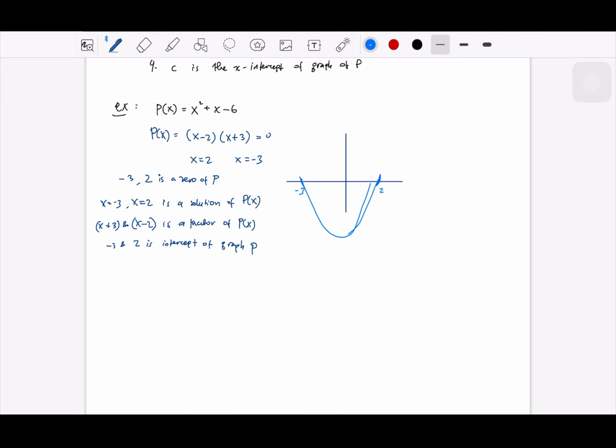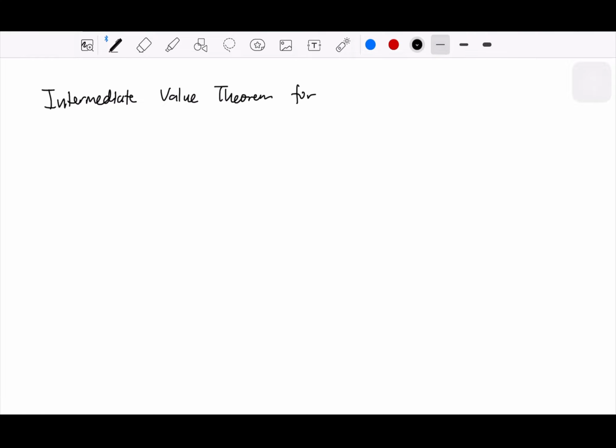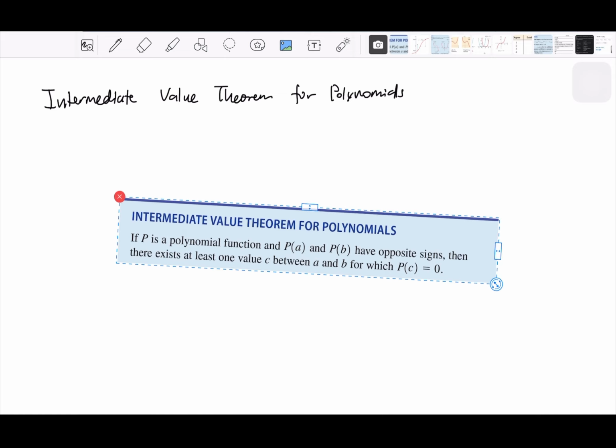Now we are going to look at one theorem that is, I think, important in polynomials, and it's really applicable. It's called the intermediate value theorem. Let me go through the theorem.